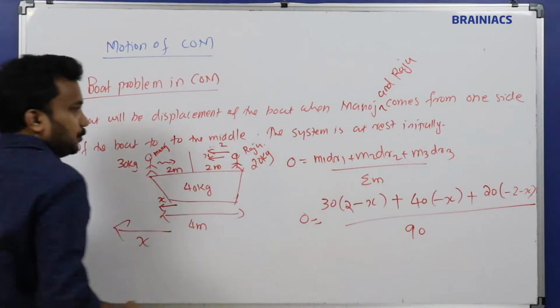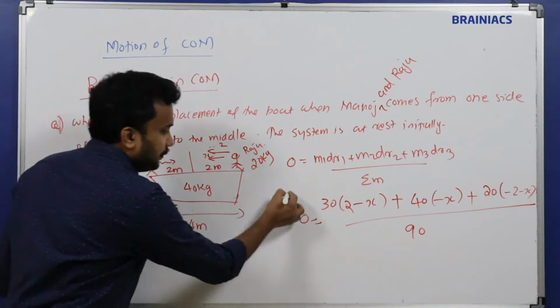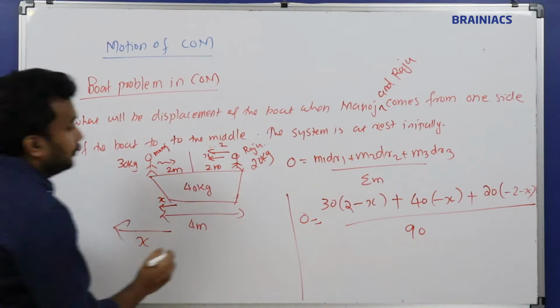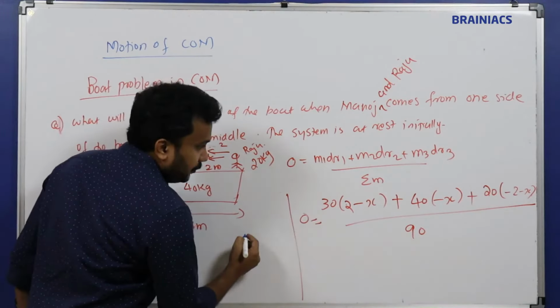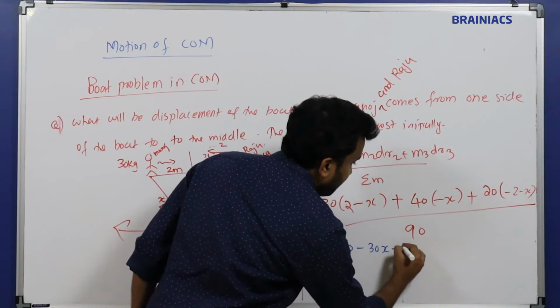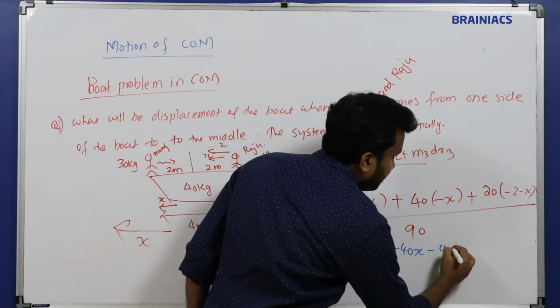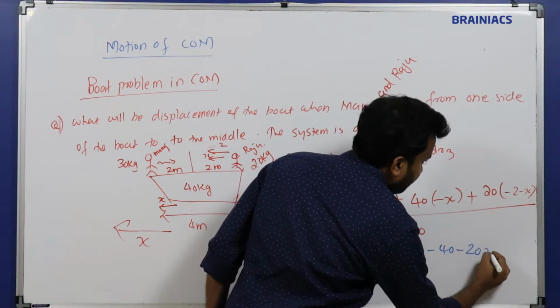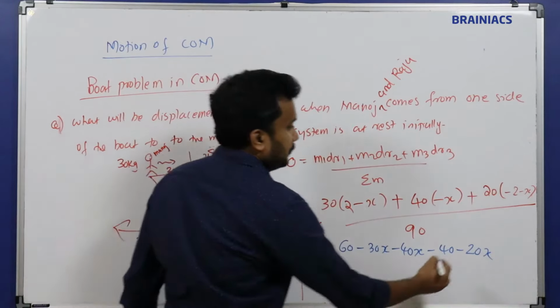So let's simplify this one. So what's finally coming out of this one? Let me use another color. So here 0, so 30 into 2, you can solve it. 30 into 2 is 60, minus 30x, minus 40x, minus 40, minus 20x is equal to 0.